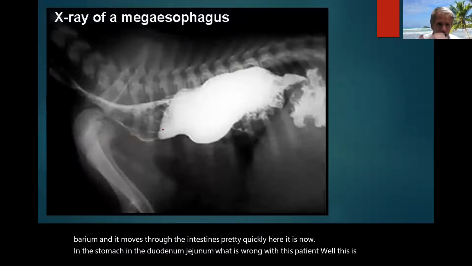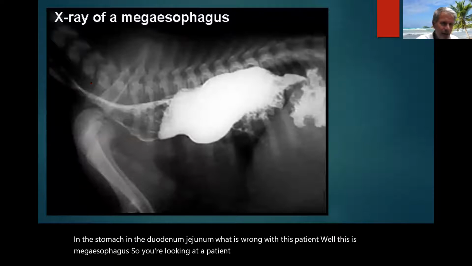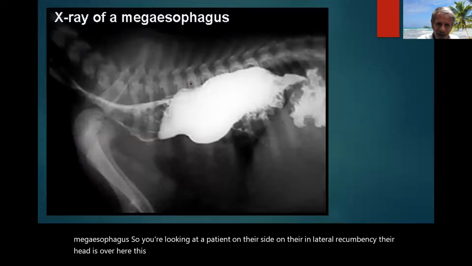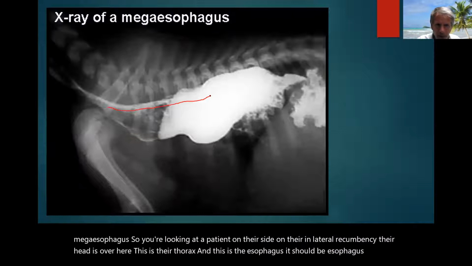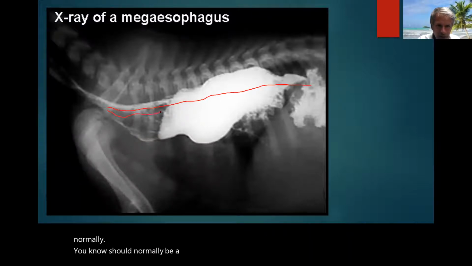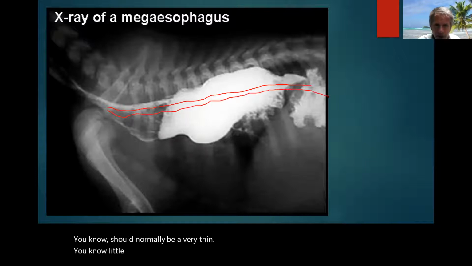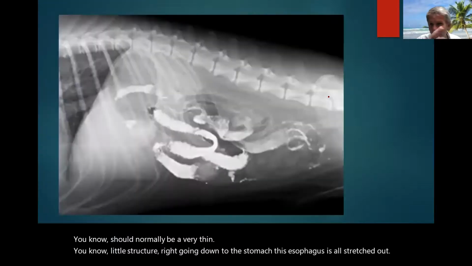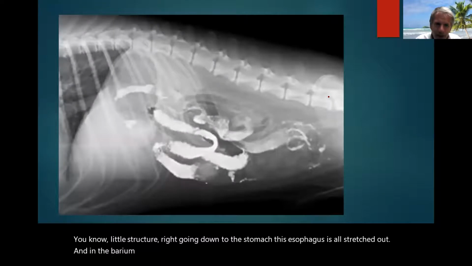So you're looking at a patient on their side, in lateral recumbency. Their head is over here. This is their thorax, and this is the esophagus. The esophagus should normally be a very thin little structure, right, going down to the stomach. This esophagus is all stretched out, and the barium's just sitting there.